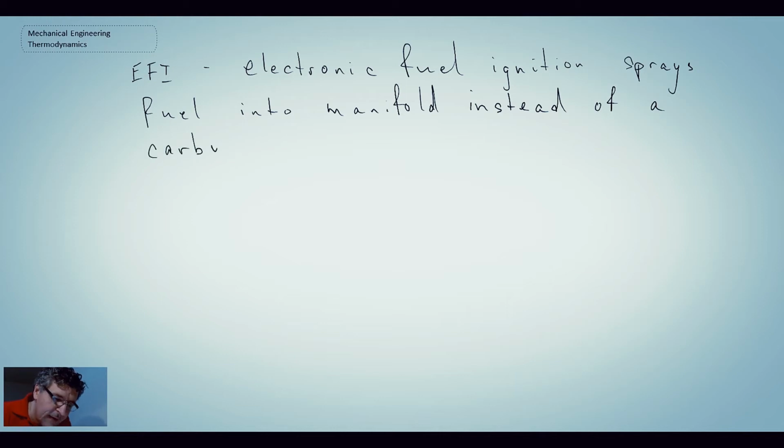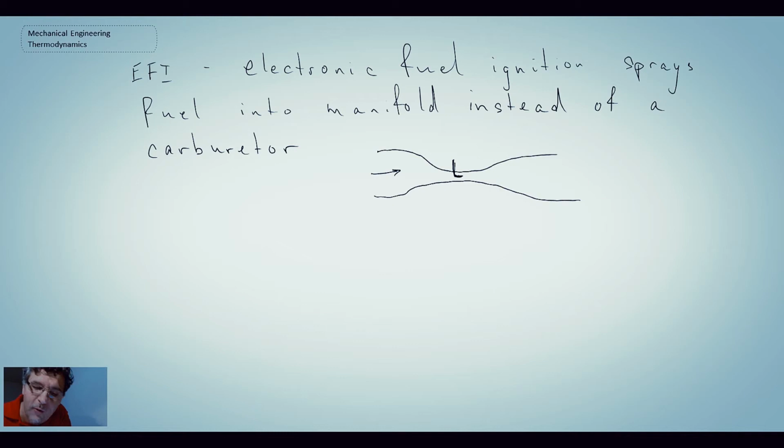The reason is because you have a combination of fluid mechanics and thermodynamics all in this one device, where essentially you have a venturi and you accelerate the flow down. And so this is the jet of your carburetor. There are many, many different designs, but you have a low pressure zone by Bernoulli's equation. You're accelerating the air coming in, and that would be the air going out. But you're accelerating, and consequently you're at a low pressure, and that draws the fuel in.